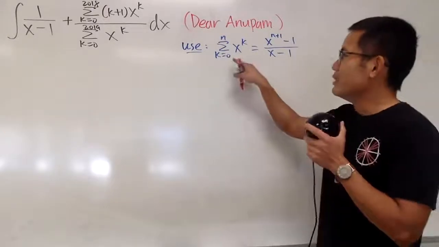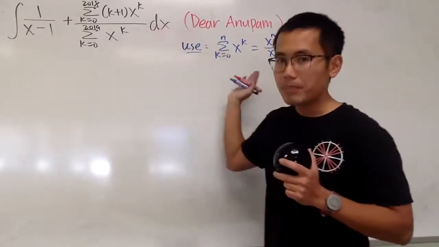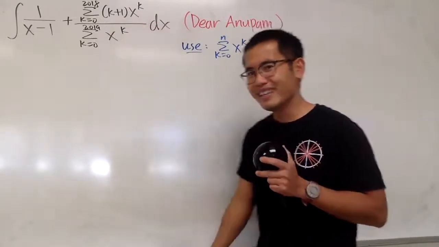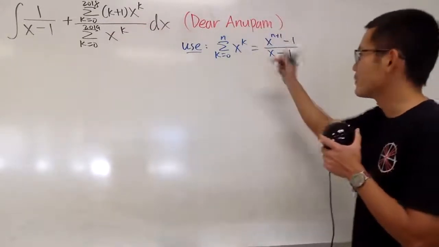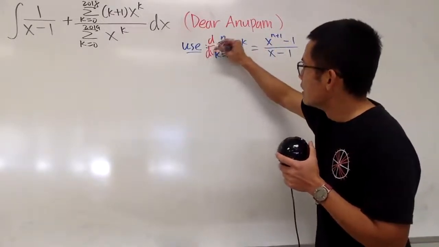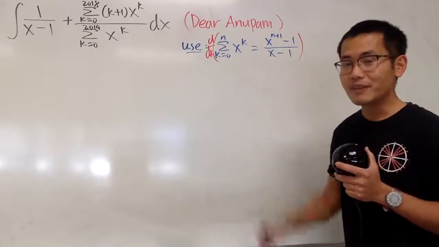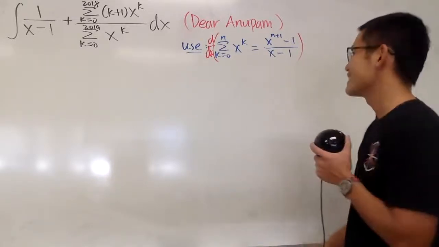Notice that takes care of the bottom, and for the top, doesn't it look like a derivative? Yes, it does. So go ahead and differentiate this with respect to x. Can we do that? Yes, because this is just a finite version of it, so we can totally do that.